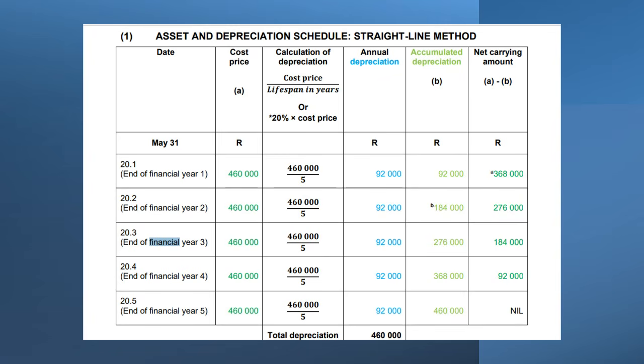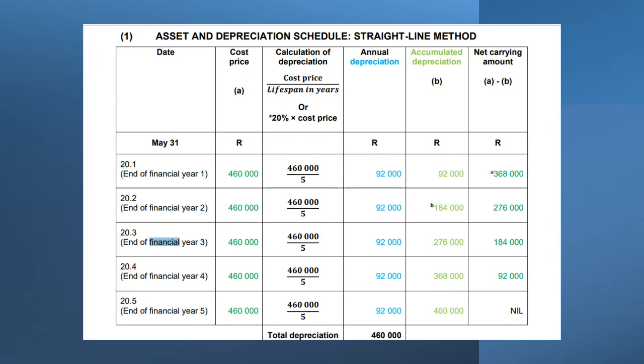So it's very important to know how to determine these amounts, how to calculate your annual depreciation, how to post this depreciation into your accumulated depreciation, and how to determine the net carrying amount at the end of each financial period.